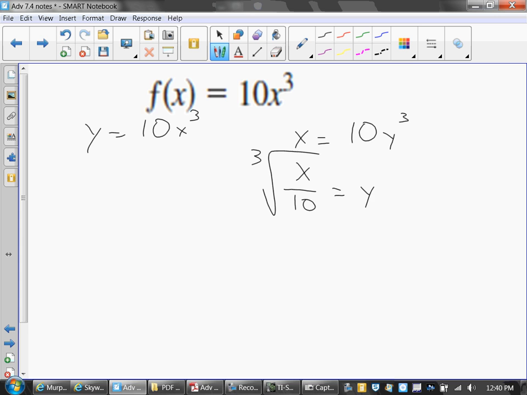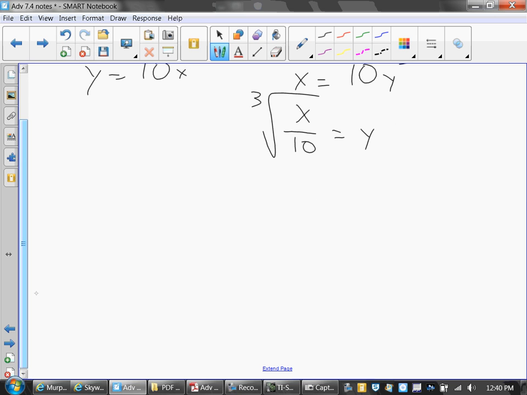And then you have to take the cube root. Now when you take the cube root, you've got the cube root of x over the cube root of 10. You don't want radicals in the denominator. So you have to turn that cube root of 10 into a perfect cube. So, what's 10 cubed? 1,000. What do you have to multiply 10 by to turn it into 1,000? 100.